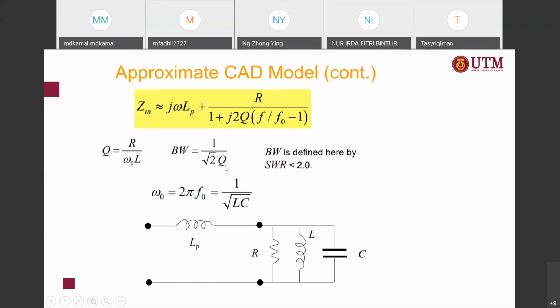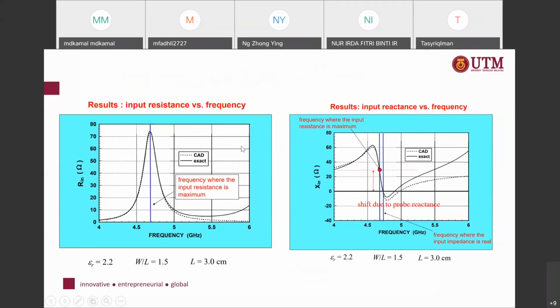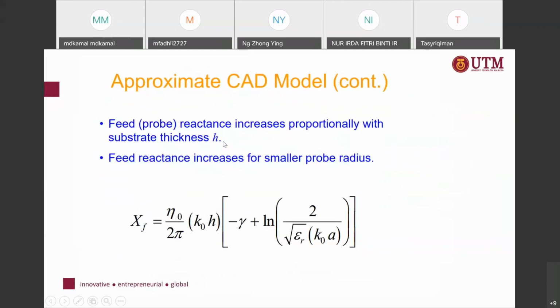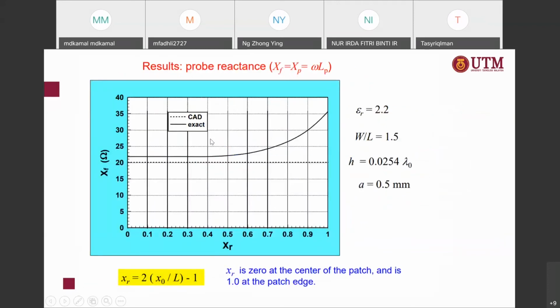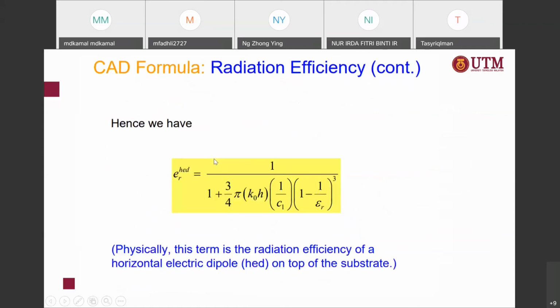And then this is how they calculate the values of your Q factor as well as R maximum here. Okay, so this is the input resistance versus frequency, input reactance versus frequency, approximate CAD values. So this is more on the values of reactance here. Okay, so this is your radiation efficiency calculation.